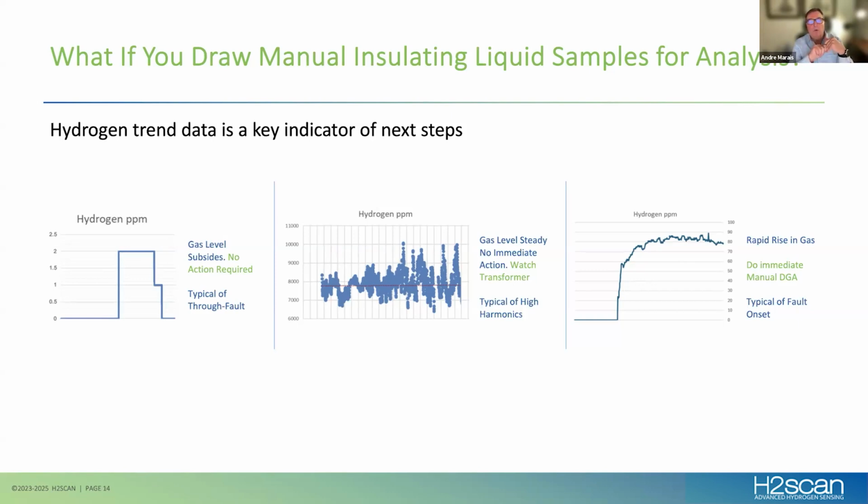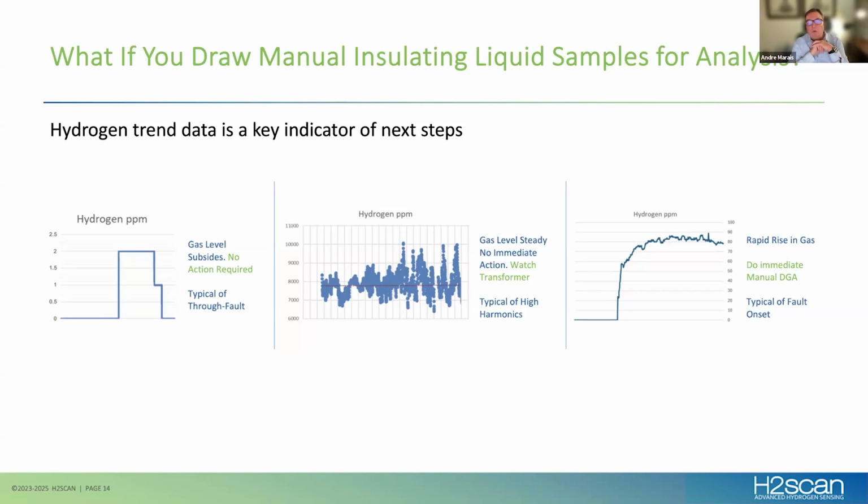We certainly want to record it because this is typical of a through fault, and through faults are a cause, or certainly a contributor, to the failure of transformers over time. But because we had the trend data, we're able to get an insight into what probably caused it and whether action is required. And clearly, no truck roll, no outage, continue business as usual.